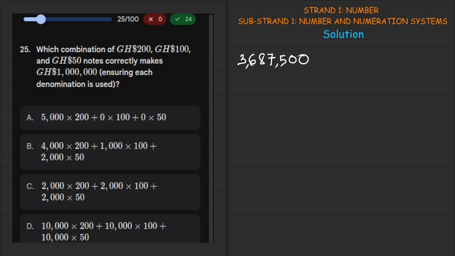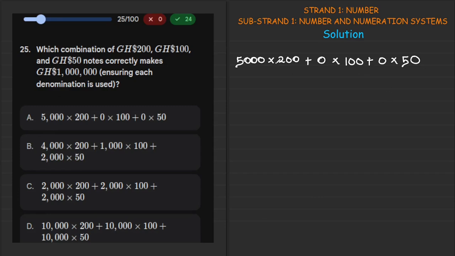What that simply means is we are going to sum up all of this, and our answer is going to be the one that sums up to give us 1,000,000. If you look at this very first one here, it doesn't obey the rule. It says ensuring each denomination is used. Right here, it is omitting the 100 cedis. And right here, it is also omitting the 50 cedis. So we are not even going to consider that.